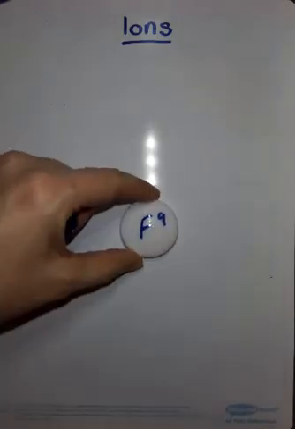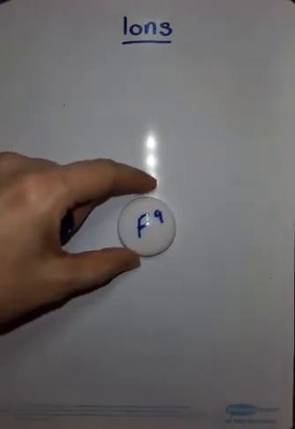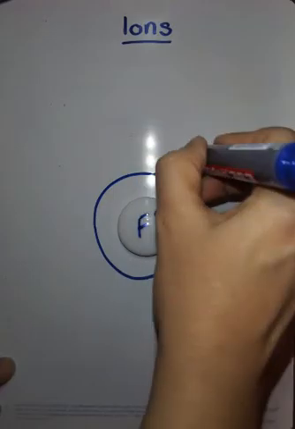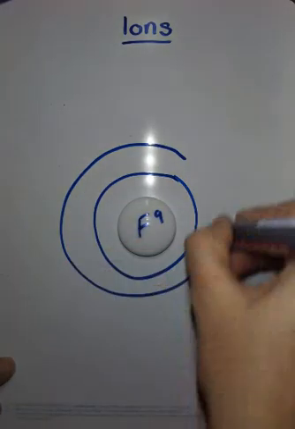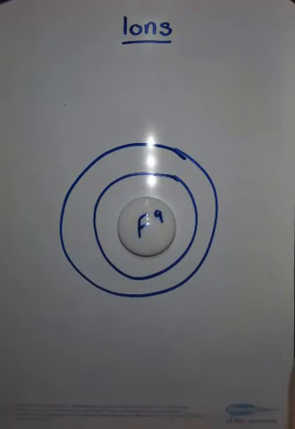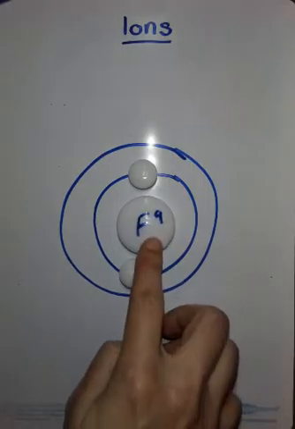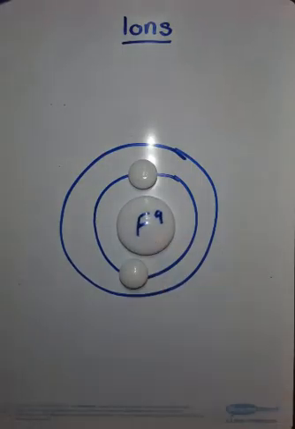Our electron number is 9 for fluorine. So 2 electrons on the inside shell, and then we need to make that up to a total of 9.